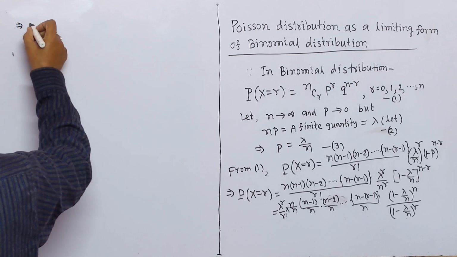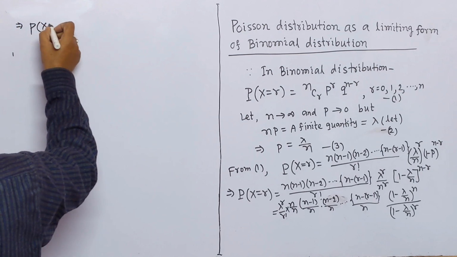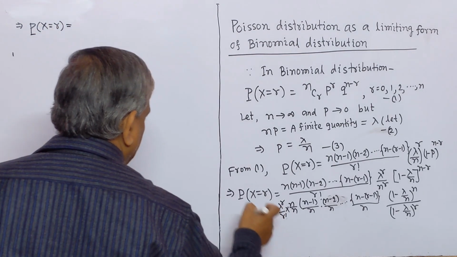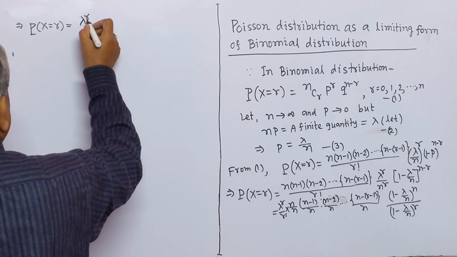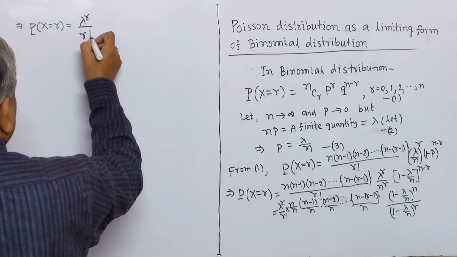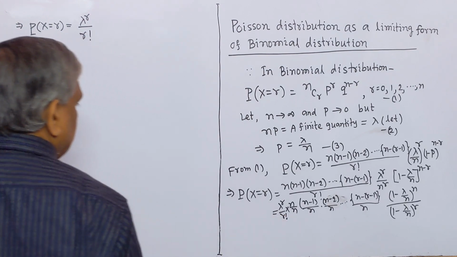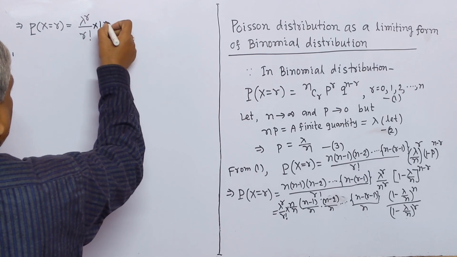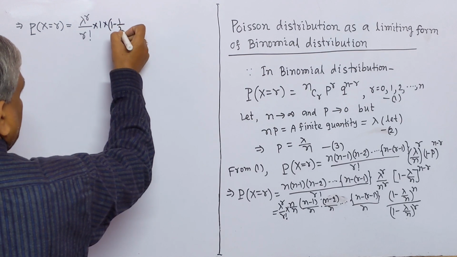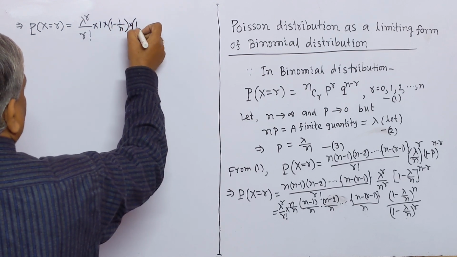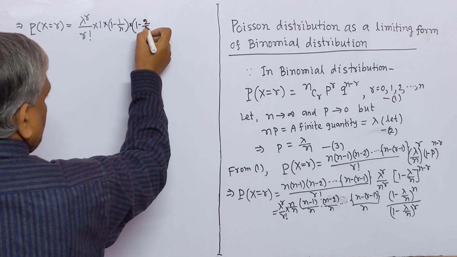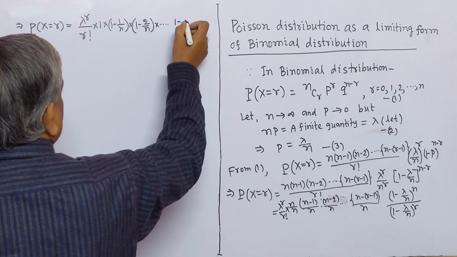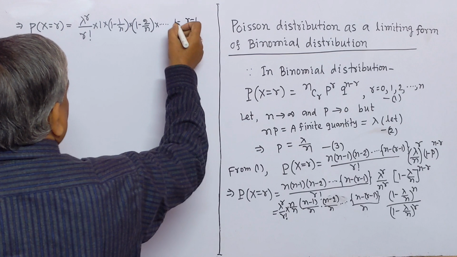This implies that P(X equal to r) equals lambda to the power r by factorial r, times 1 multiplied by 1 minus 1 by n multiplied by 1 minus 2 by n multiplied by ... 1 minus r minus 1 by n.